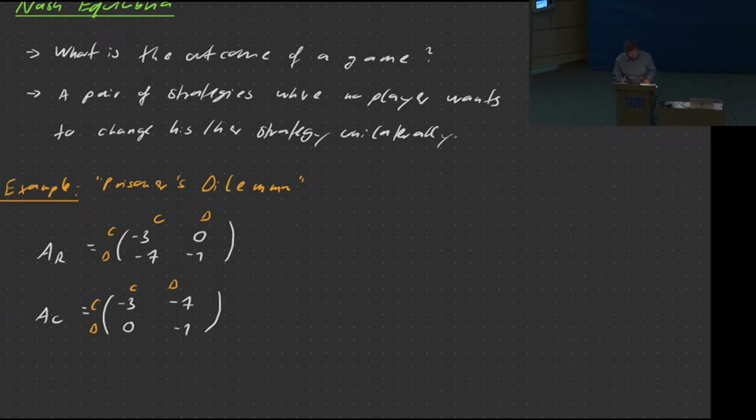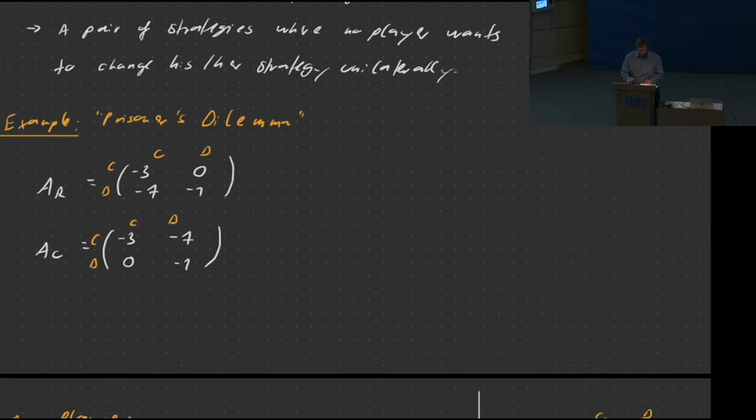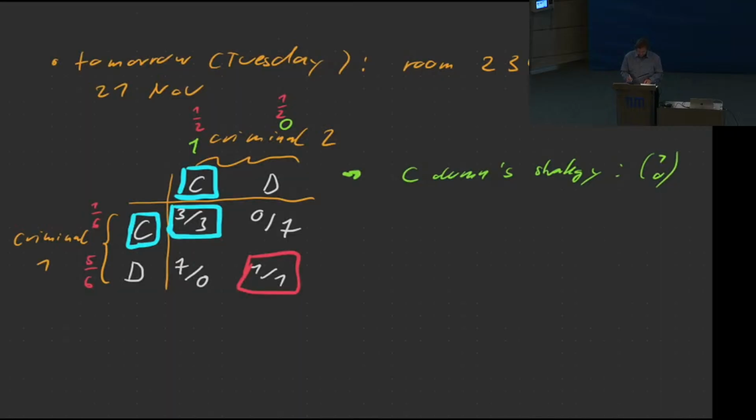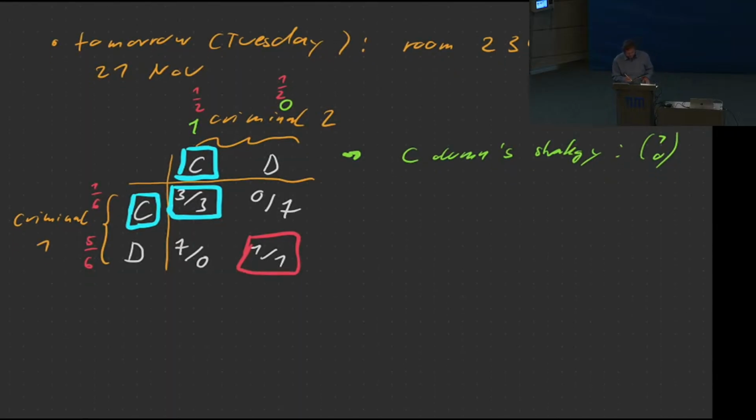One example is the prisoner's dilemma. You remember those were the payoff matrices here. Maybe let's go back to the notes. So those were the payoff matrices for the prisoner's dilemma, and we argued that both players will choose confess and will end up in this situation. So is this also a Nash equilibrium?